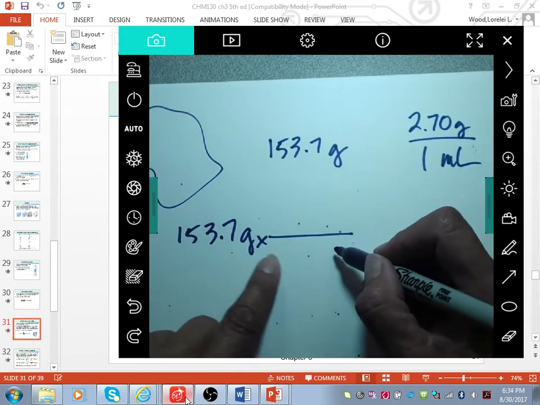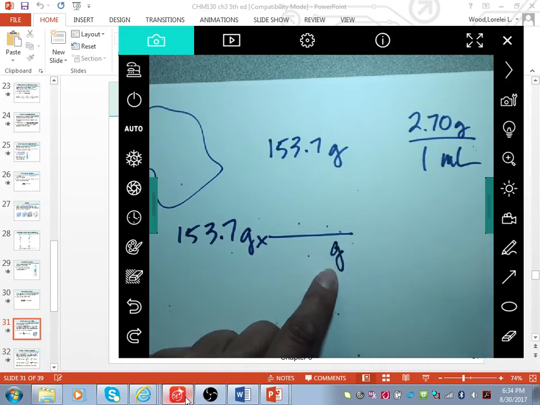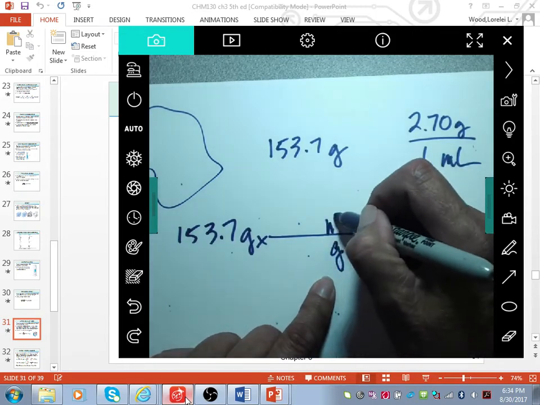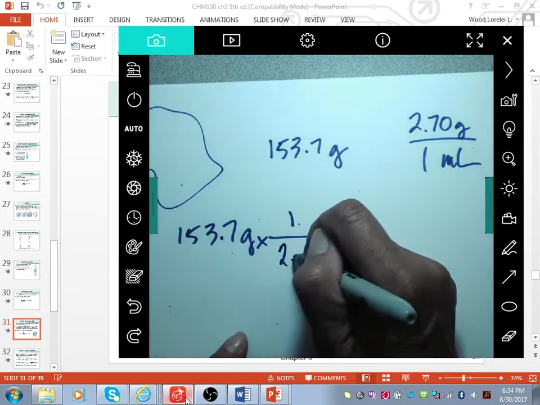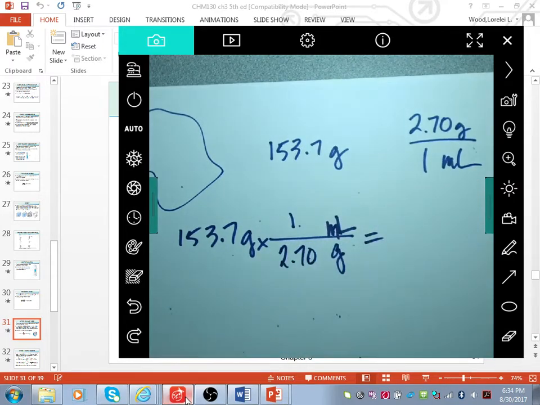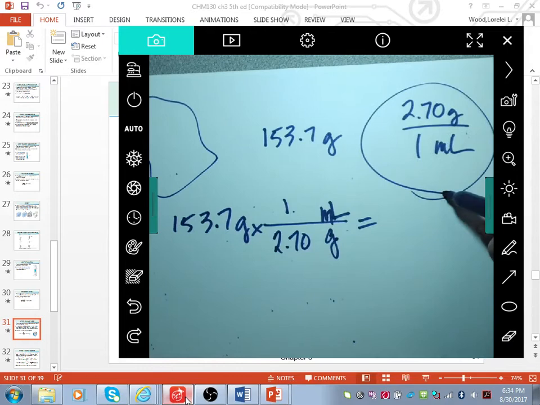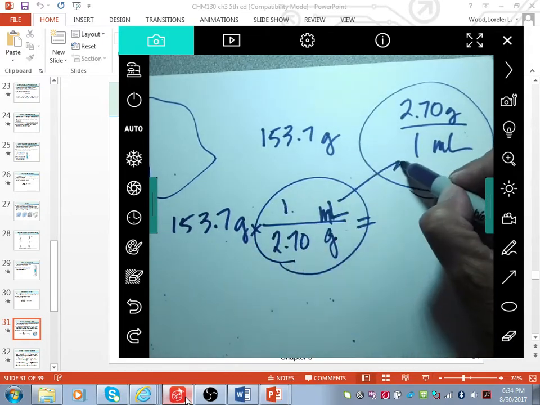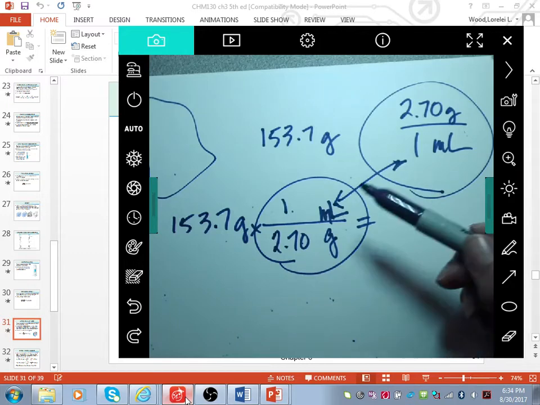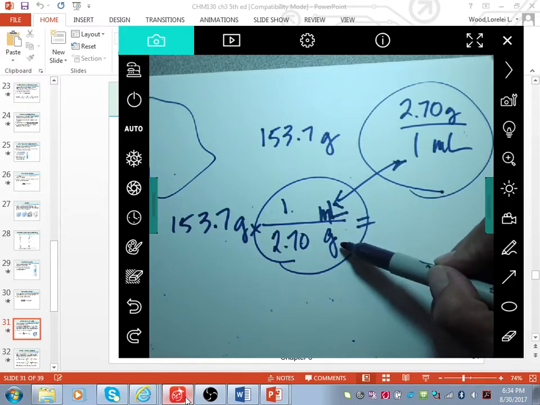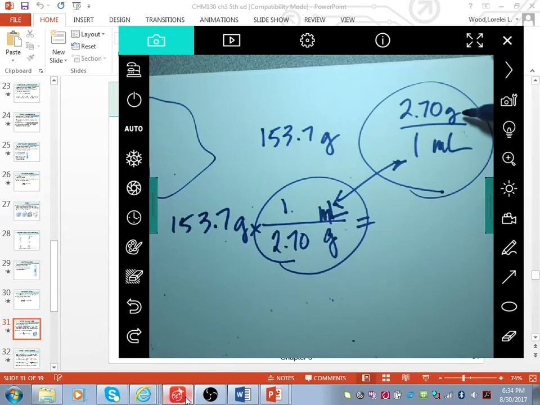So grams would go where? On the bottom. On the top would be milliliters, right? Where does the 1 go? Milliliters. Grams is going to be 2.70. So you can use it like a conversion factor, and either of those two mean the same thing. If you have a milliliter of the stuff, it's going to weigh 2.70 grams. If you have 2.70 grams of the stuff, it's going to take up a volume of 1 milliliter.